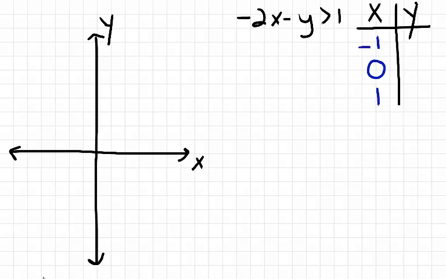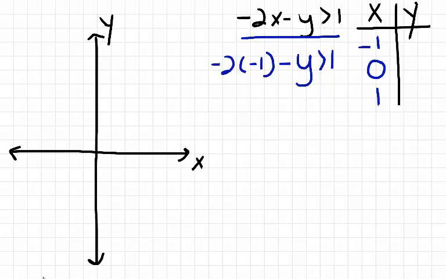Now what I'll do is substitute -1, 0, and 1 into my original equation respectively and solve for y each time. First, I'll take -2 times -1, replacing x with that value, -1, minus y is greater than 1.